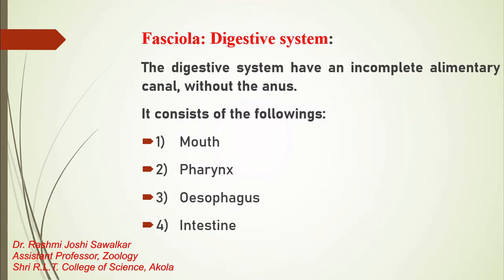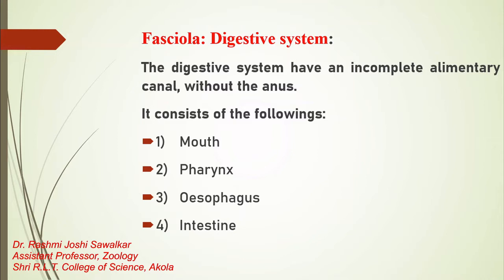Fasciola hepatica digestive system. Dear friends, the digestive system is the system in which the food the animal eats is digested into its simplest form, and some organs together form the system. In Fasciola hepatica, the digestive system has an incomplete alimentary canal without the anus.